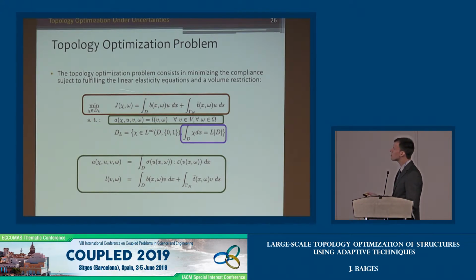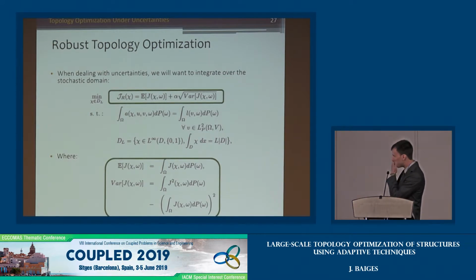So this is the topology optimization problem in a deterministic setting, but as I was telling you, we also want to deal with the presence of loads which are not deterministic, which are stochastic. And in order to do this, we need to write down the robust topology optimization problem.